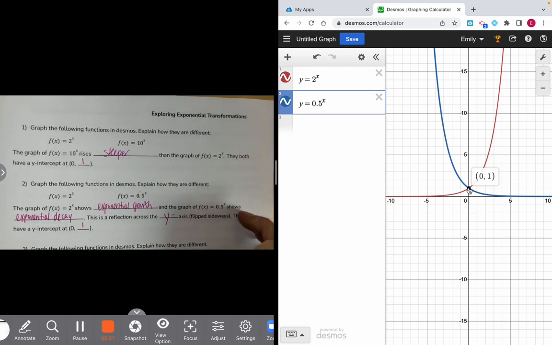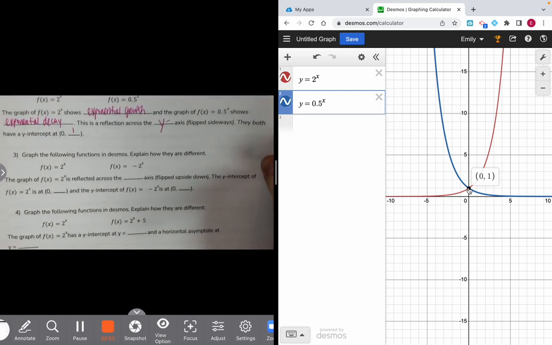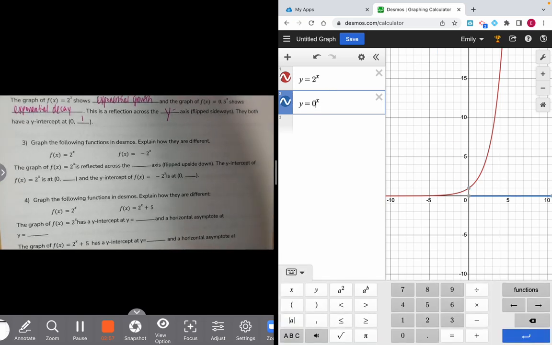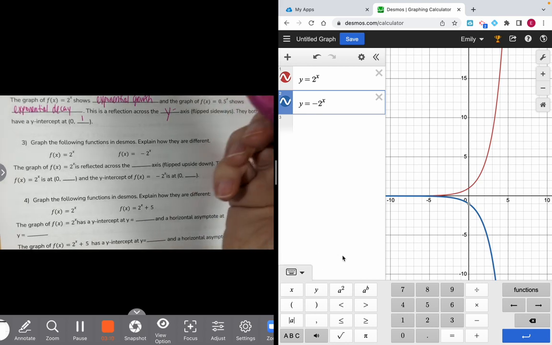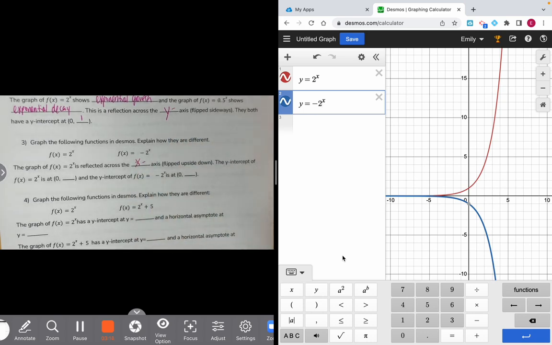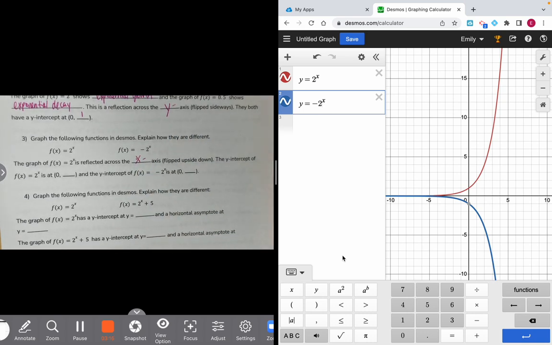Moving on with our exploration. Again we're going to use 2 raised to the power of x, but compare it this time to negative 2 raised to the power of x. What we'll notice is that these two have flipped directions, so we have a reflection across the x-axis, where they're upside down.